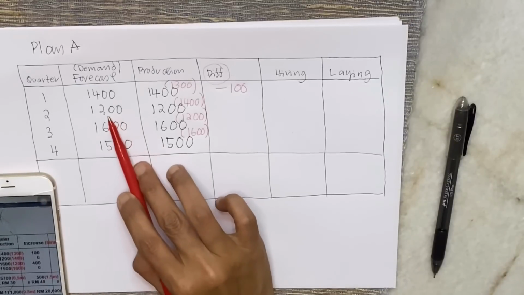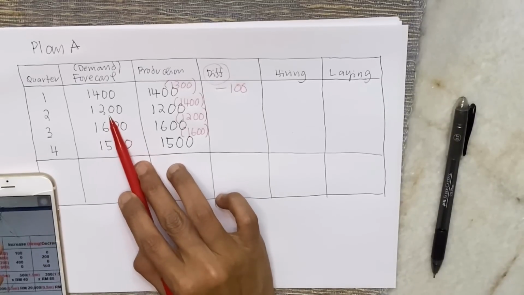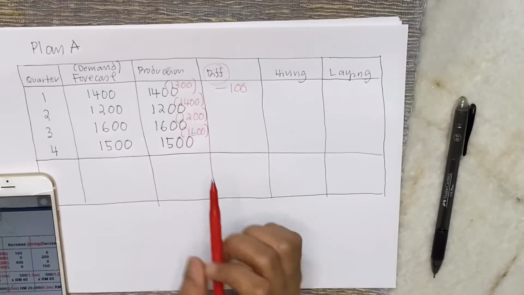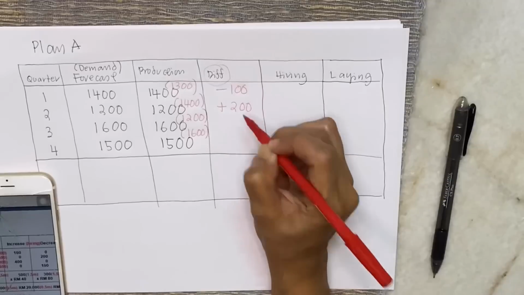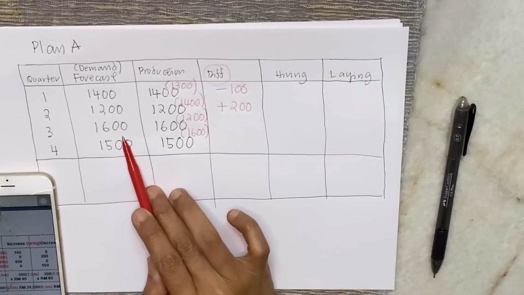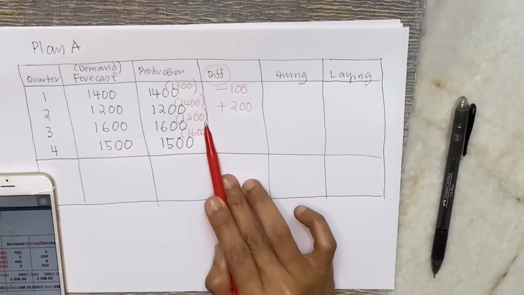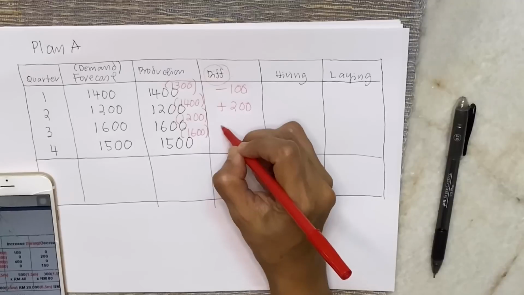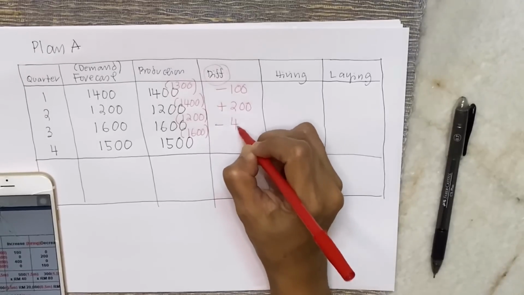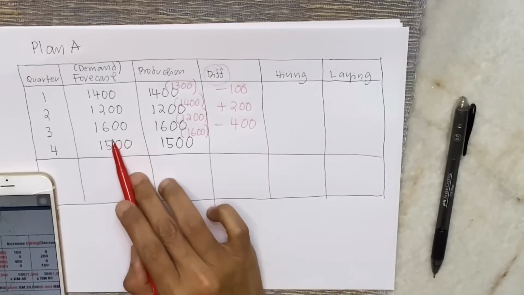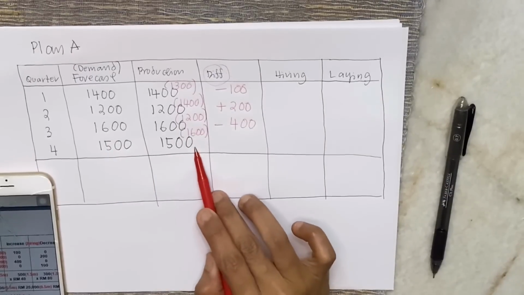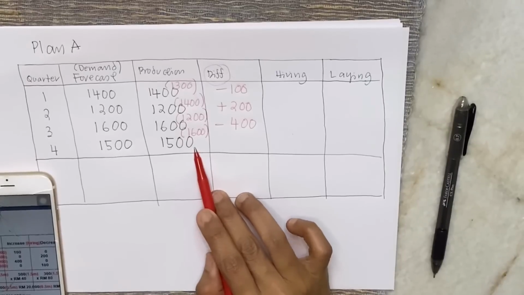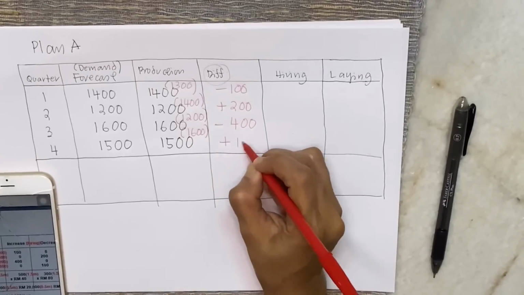So 1200 and 1400, so positive 200. Now 1600, 1200, it is negative. We should produce 1600, but we produce only 1200. Okay, this one is positive 100.